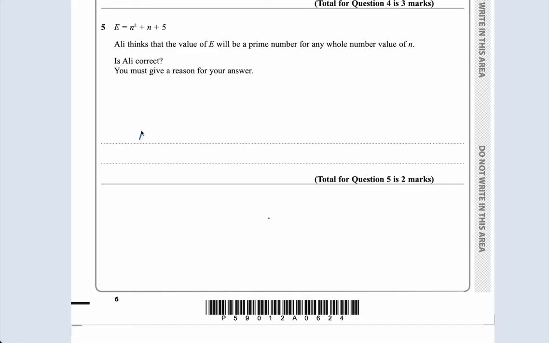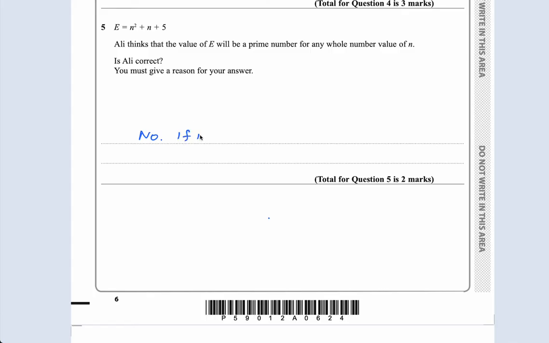The answer is no. He is definitely not correct, because for this type of question, this is called proof by contradiction. All we need to do is show just one number where he's wrong. The obvious numbers I can think of are 5, 10 or 15, which are multiples of 5.